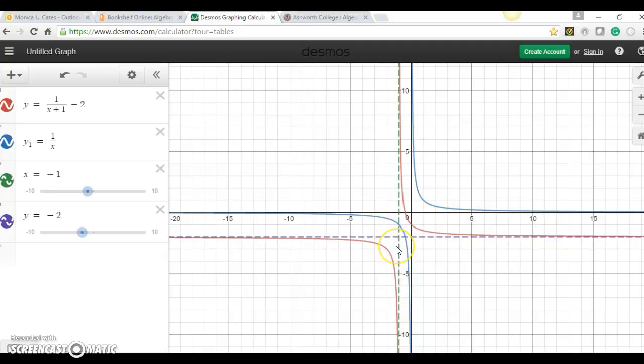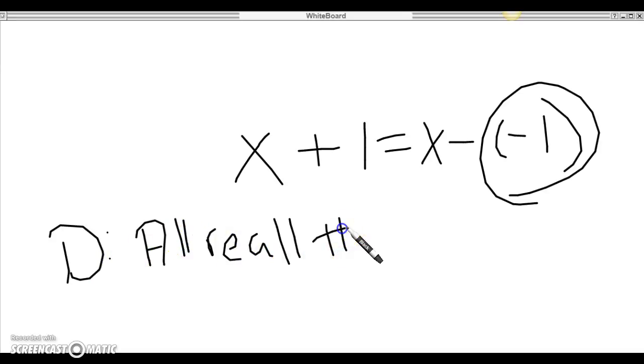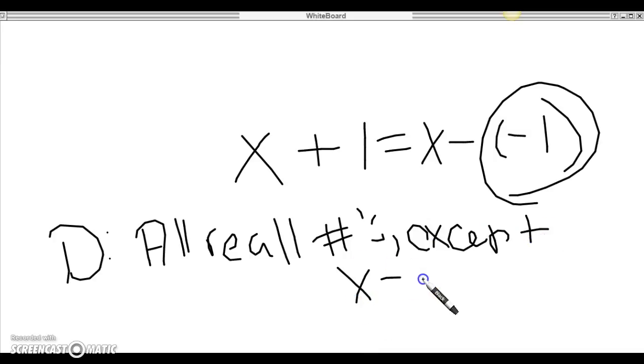And so this also lets me know my domain and range. So for my domain, x can be all real numbers. This is values of x, so all real numbers except x cannot equal negative 1.